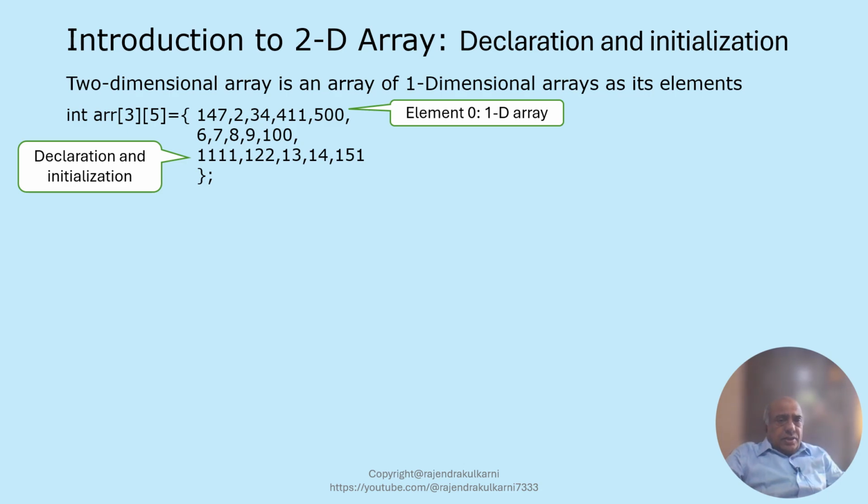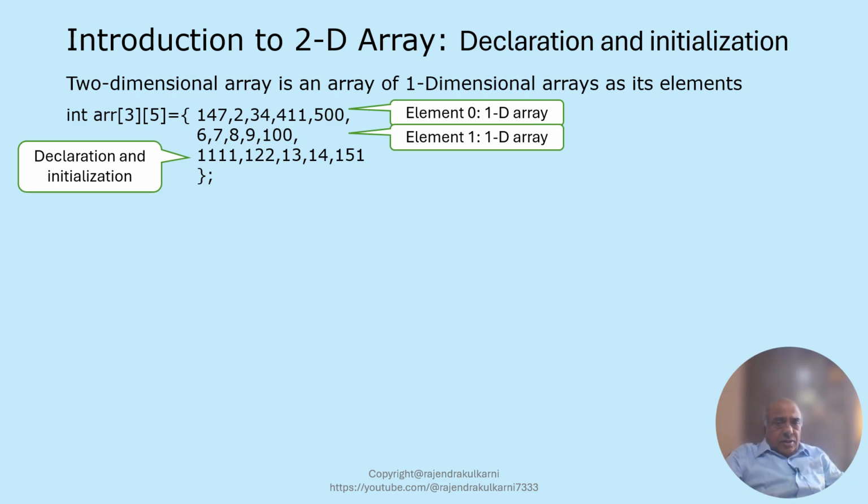As we have seen, a two-dimensional array is an array of one-dimensional arrays. So this 147, 234, 411, 500, all separated by commas, is the 0th element of the 2D array, which is a 1D array of 5 int constants.